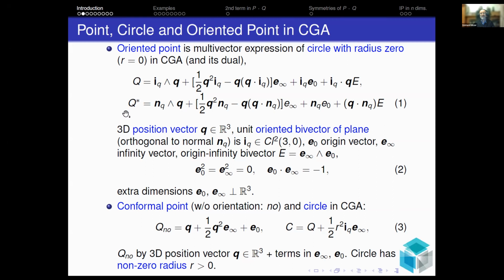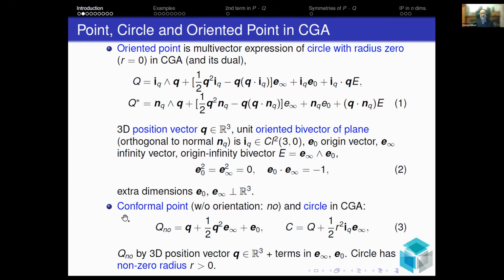And Q star is the dual expression, and in the dual expression you can simply replace the bivector IQ by the normal vector NQ normal to the bivector IQ.